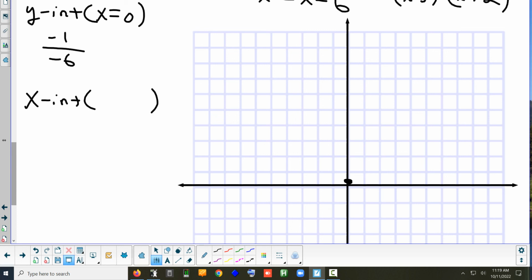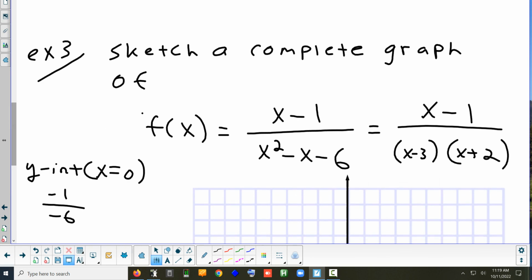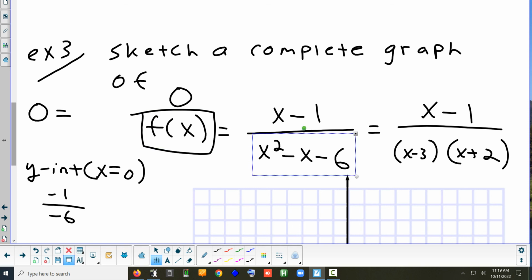Okay, let's do the x-intercept. That's when you do what? Plug in 0 for y. So that's basically when you change f of x to 0. Now, if you did that, you'd have 0 equals, and then you'd have a fraction. What's the only way that a fraction can come out to 0?